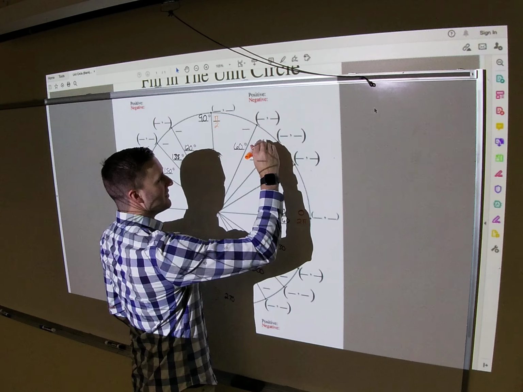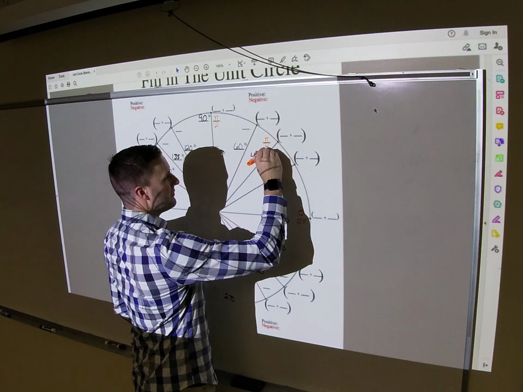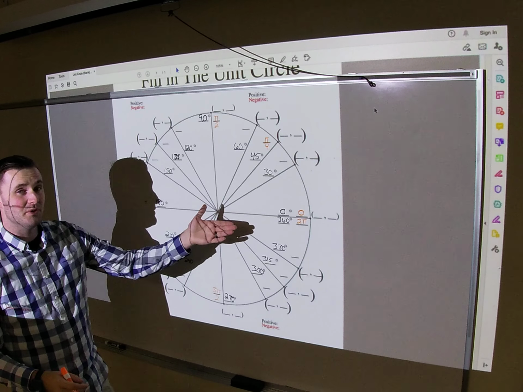And so if we can remember that this is pi over 4, then that should help us with finding the rest.